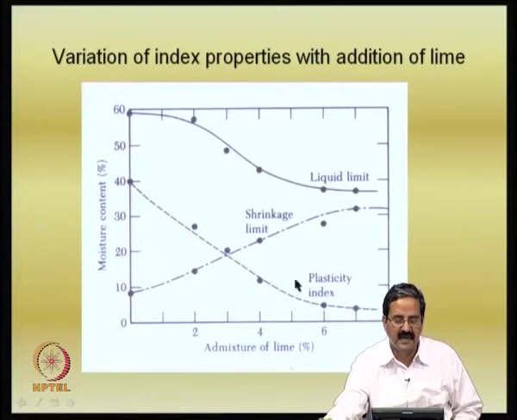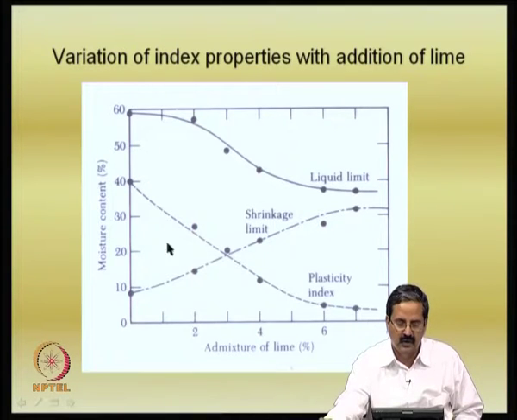So, which means that you have comfortably reduced the plasticity characteristics of the soil; you have made the soil not so much shrinkable compared to the previous case. Take the same soil, 60 to 9, 51% is the range of water contents at which it can show variations.